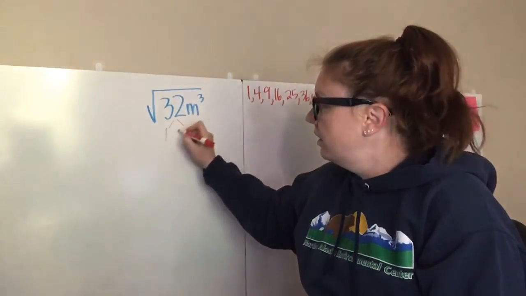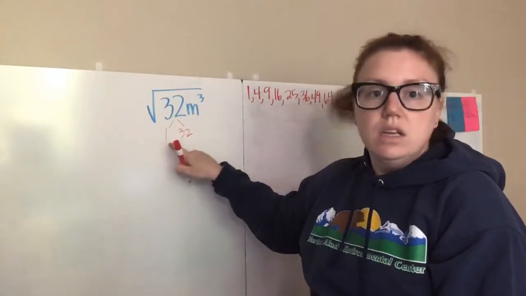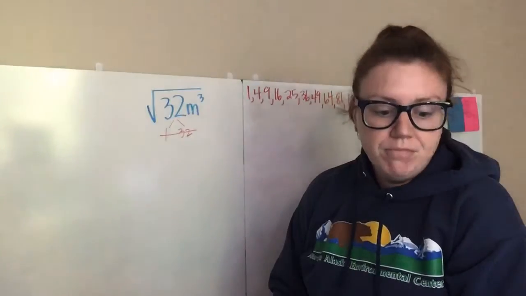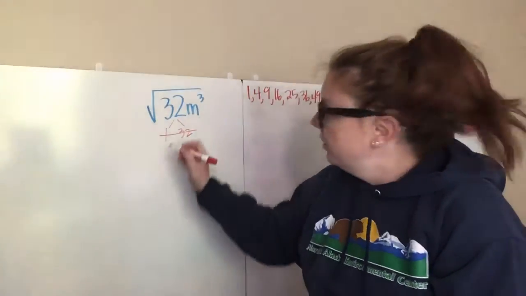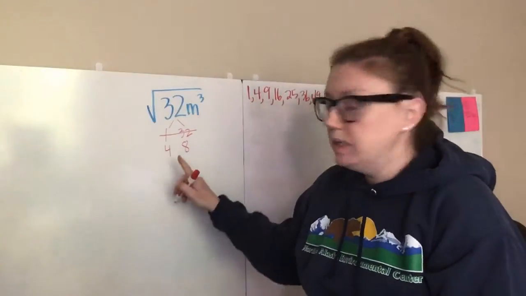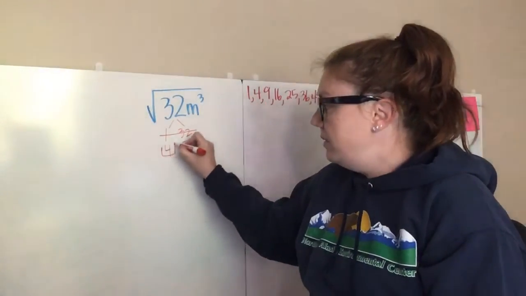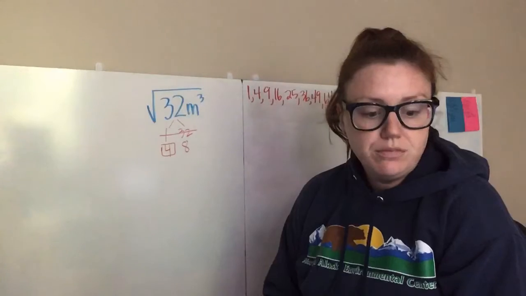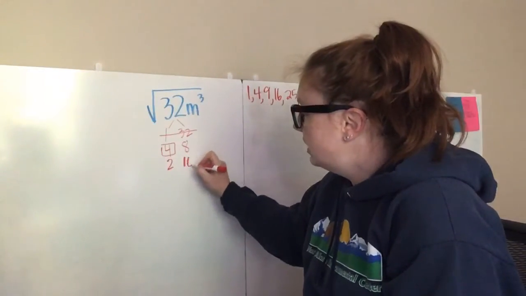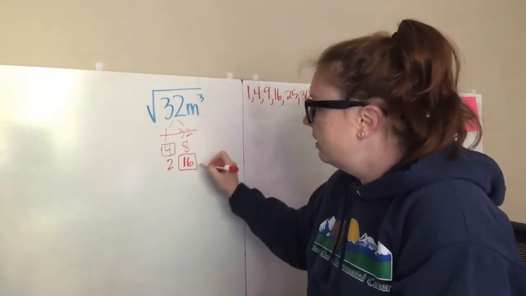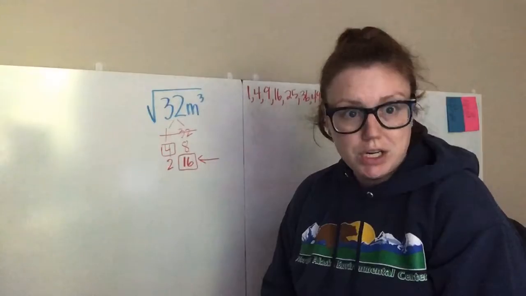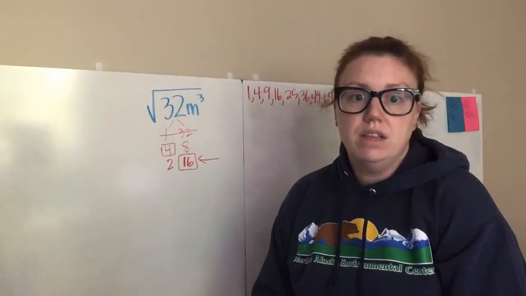It has 1 and 32, and neither of those are perfect squares, so I can forget about that. It has 4 and 8, and 4 is a perfect square, so maybe that would work. It also has 2 and 16, and 16 is a perfect square. And this is the pairing that we're going to use because 16 is a larger perfect square than 4.